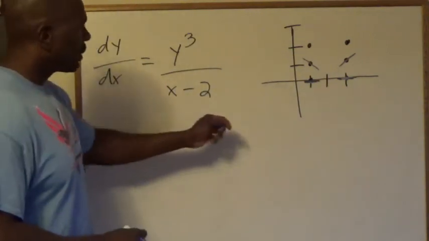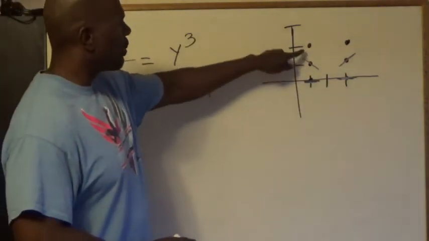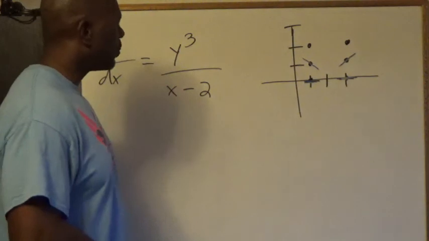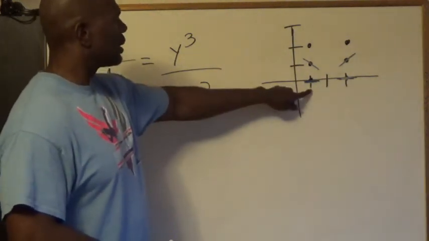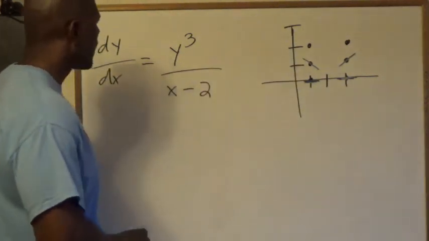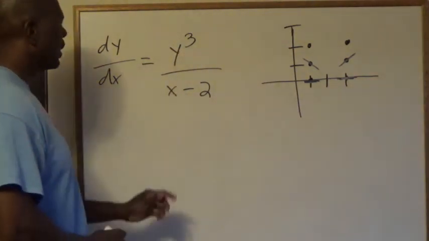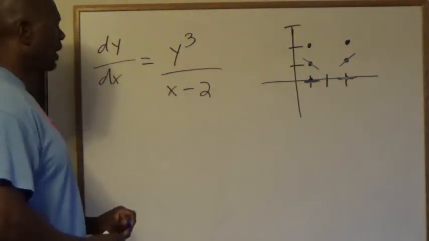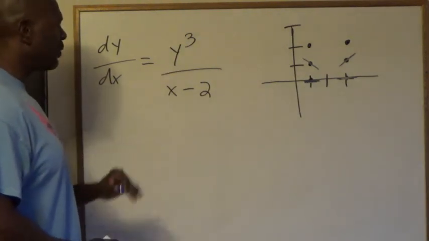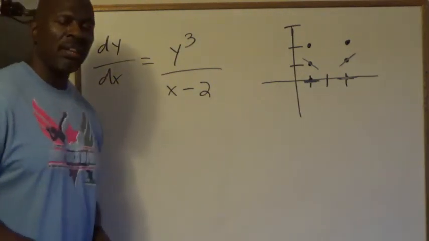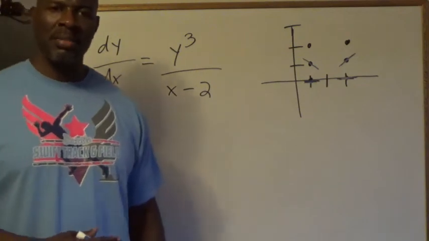And next, I have the point 1, 3. So I'm plugging in 1 for x and 3 for y. If I plug in 3 for y, 3 cubed is 27, and 1 minus 2 is negative 1. So that slope is negative 27. So I have a very steep negative slope.